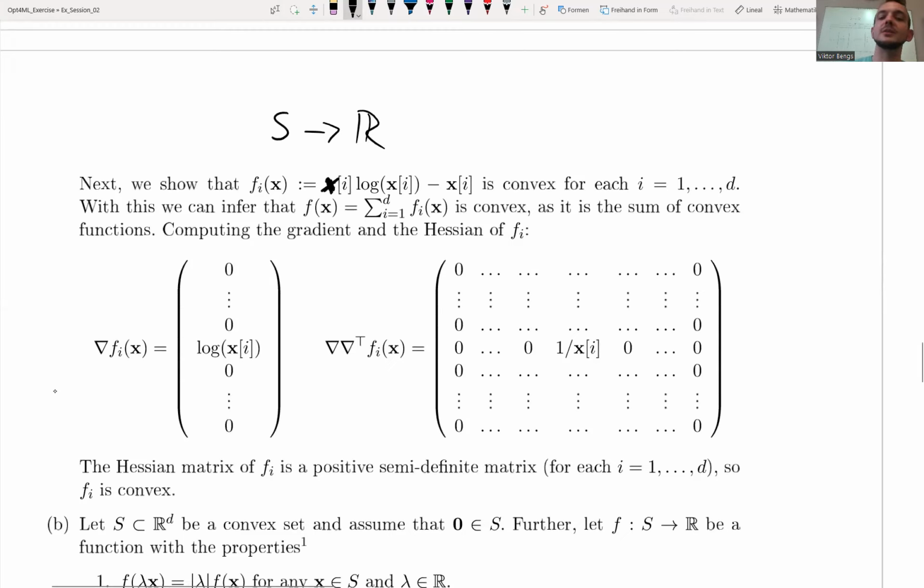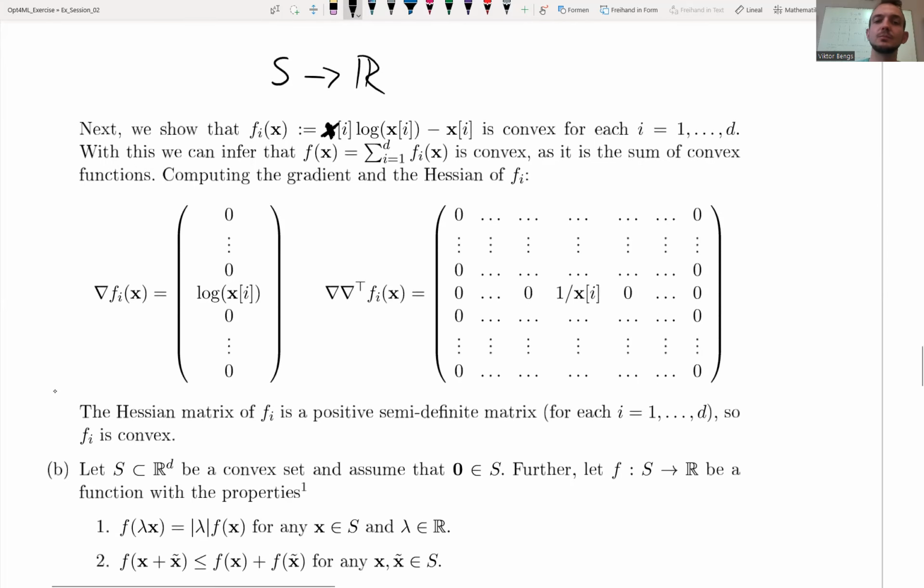So we have boiled down this problem of showing convexity of f of x to showing the convexity of these fi's. And this is a bit easier. So of course we could have also done this for f, but I prefer this way.